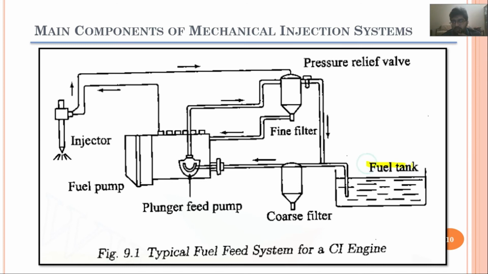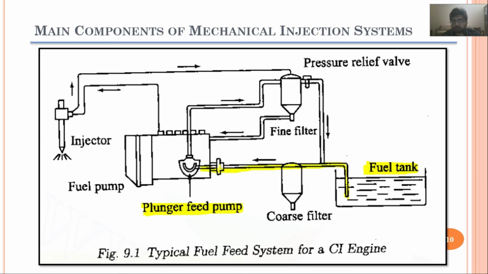Here you can see this was our first component, the fuel tank, and this plunger feed pump is our feed pump. This is taking the fuel from the tank, and you can see that since the fuel is coming from here, it is passing through the filter.